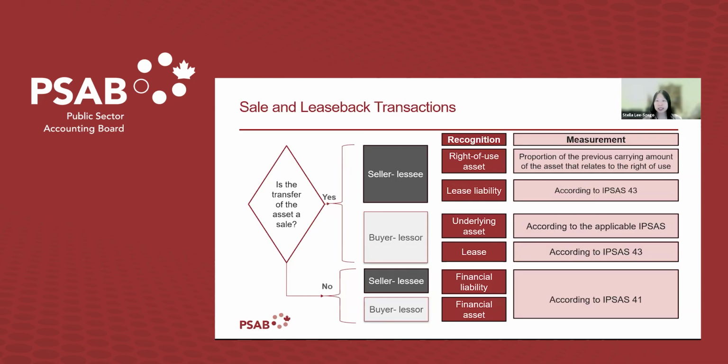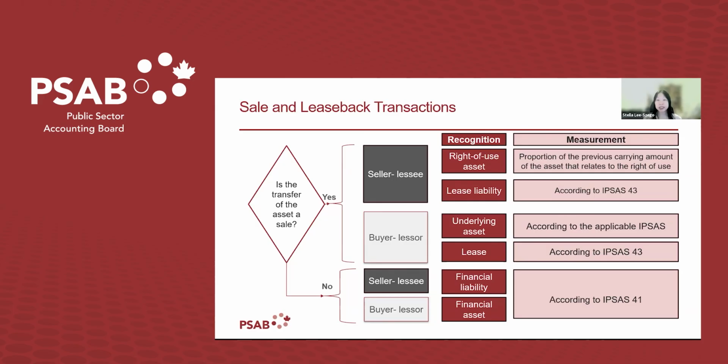If the transfer of an asset by the seller-lessee satisfies the requirements to be accounted for as the sale of an asset, then the seller-lessee measures the right-of-use asset arising from the leaseback at the proportion of the previous carrying amount of the asset that relates to the right-of-use retained by the seller-lessee, and the buyer-lessor accounts for the purchase of the asset by applying the applicable standards, for example, IPSAS 45 for property, plant, and equipment, and for the lease applying the lessor accounting requirements in IPSAS 43.